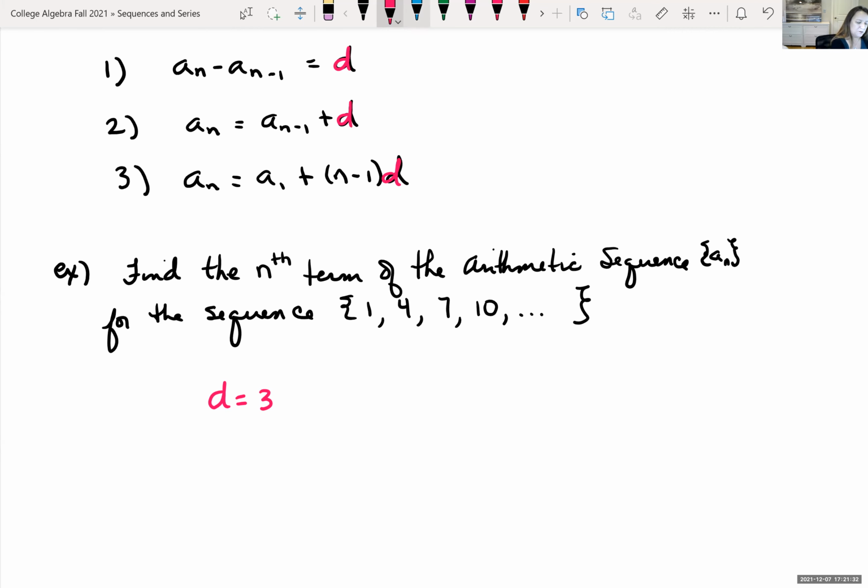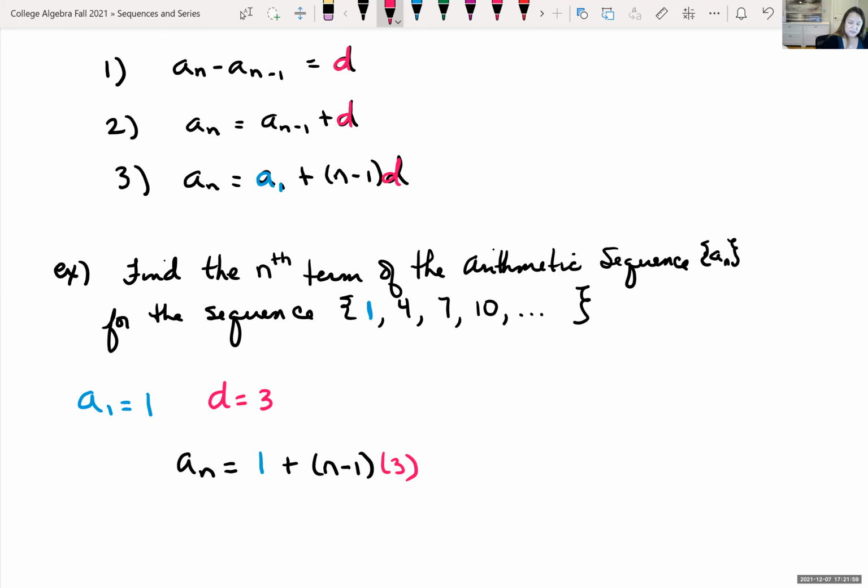Well, if we know what the first term is, and we do, it's 1, then we should know what the nth term is going to be. So a sub n is equal to the first term, which is 1, plus n minus 1 times d, and d is 3.